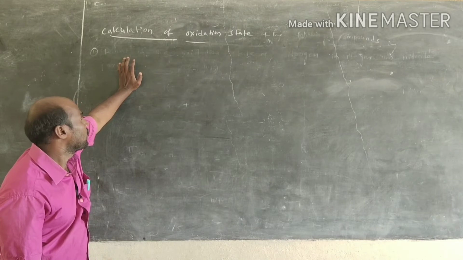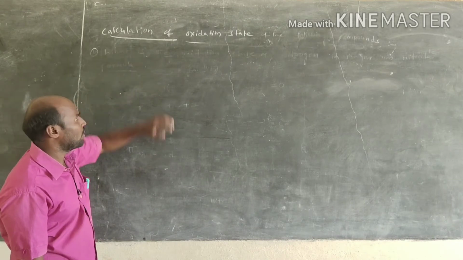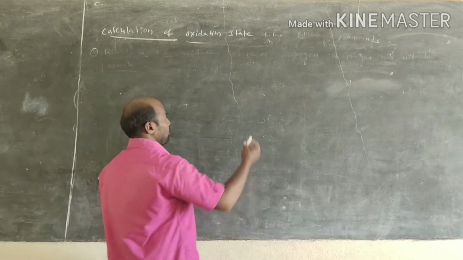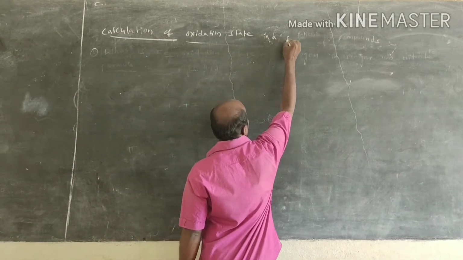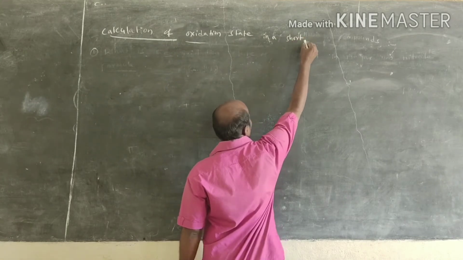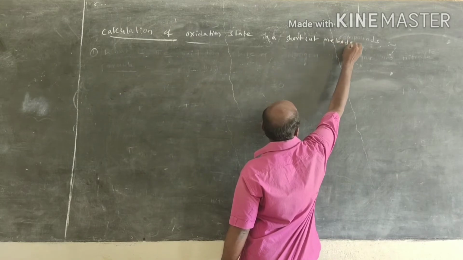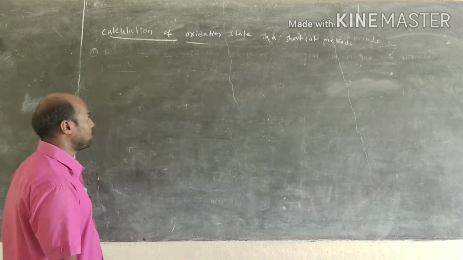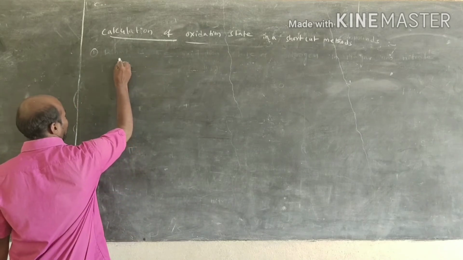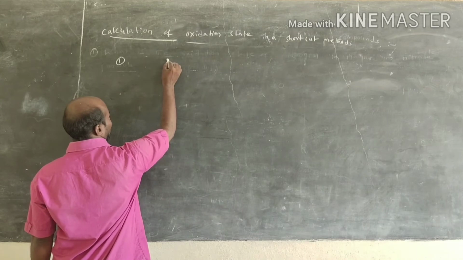Now we can calculate the oxidation state by the shortcut method. How can we find the oxidation state by the shortcut method? Let us take an example: potassium dichromate.